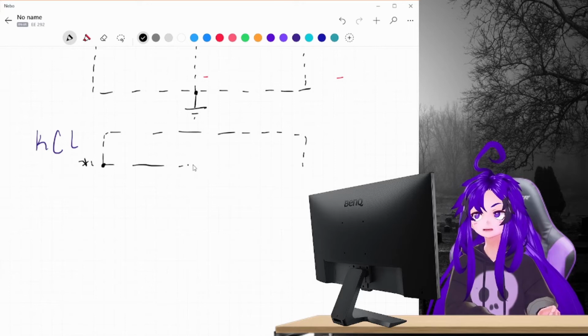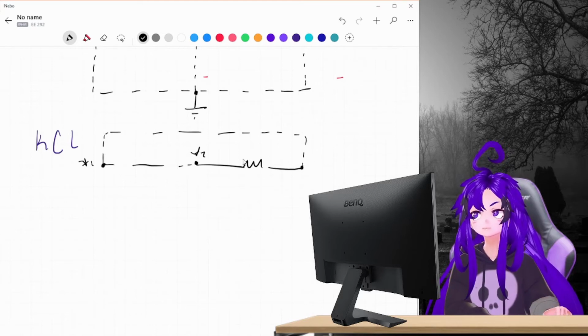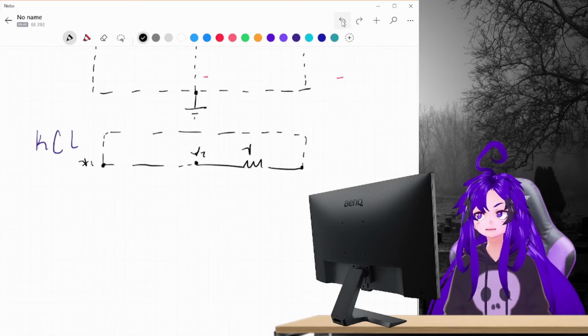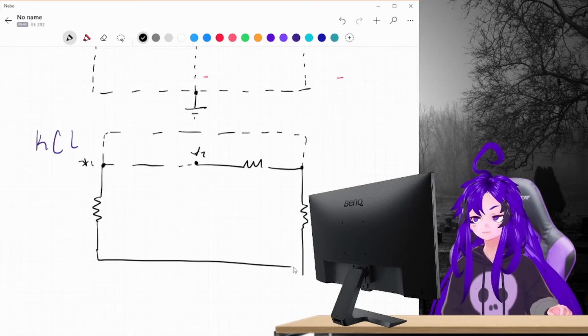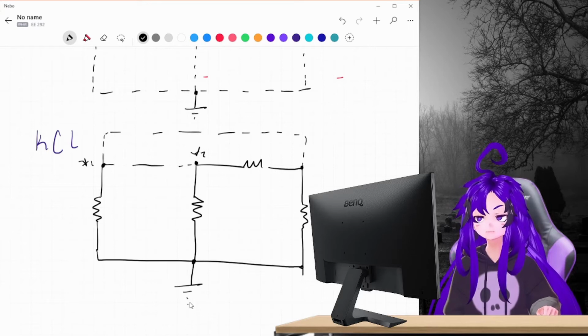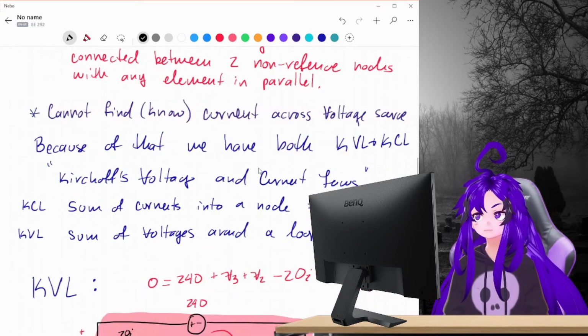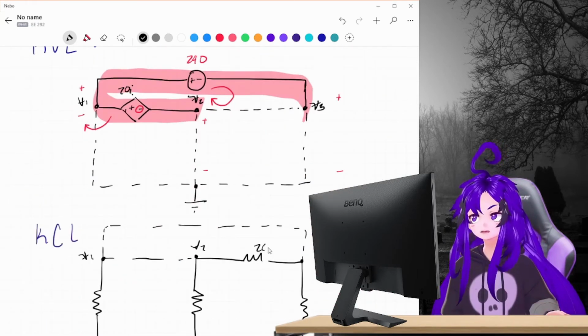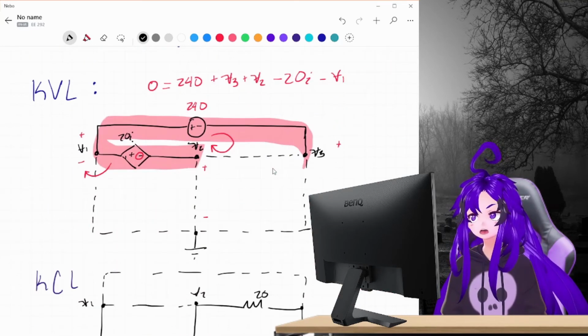V1, nothing special here. V2. That's not a voltage, that's a resistance. These actually do matter. And this is also a resistor. And we're gonna go get the values of these. 20, 10, 40, and 40. Okay.